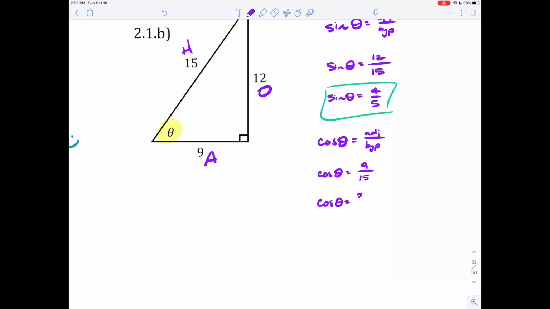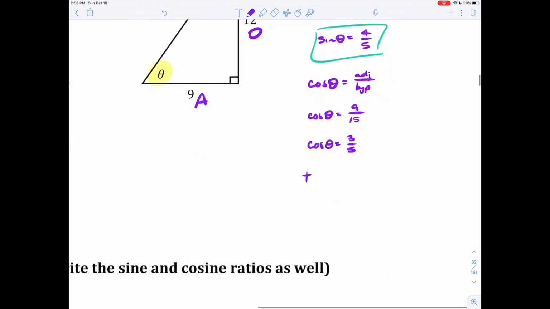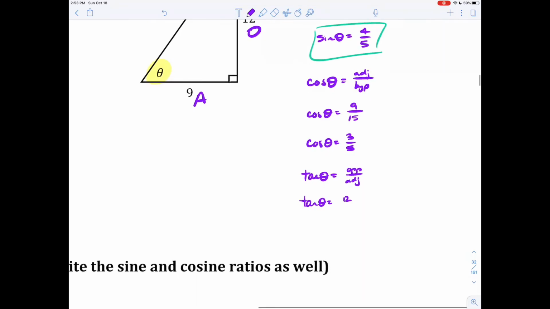So 9 over 15 is 3 over 5. And I'll put a box around that eventually. Tan theta is opposite over adjacent, which for this particular case is 12 over 9. And just reducing that, we get 4 over 3.